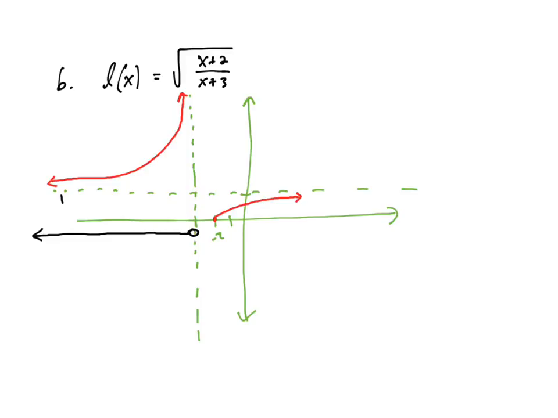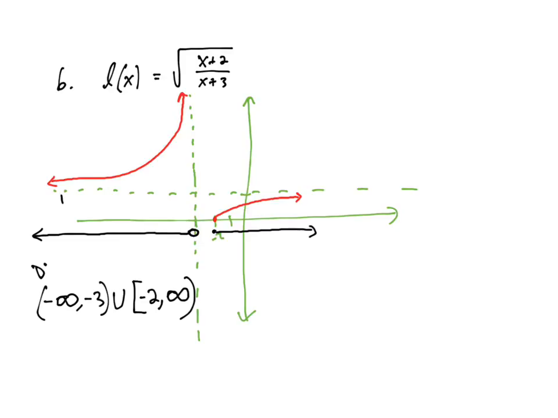And then we're going to start at negative 2, and then go to the right. So from negative infinity to negative 3, not including negative 3, union negative 2 to infinity, including negative 2. That would be the domain here.